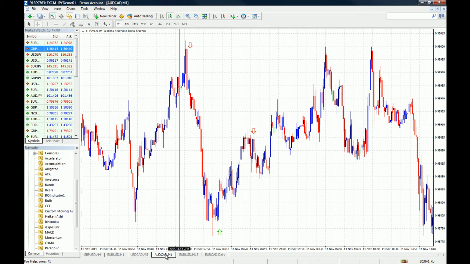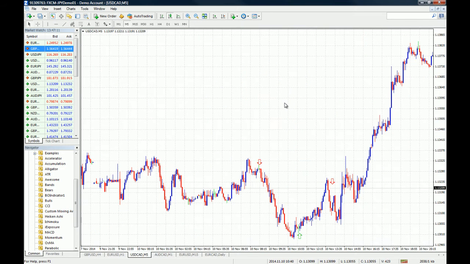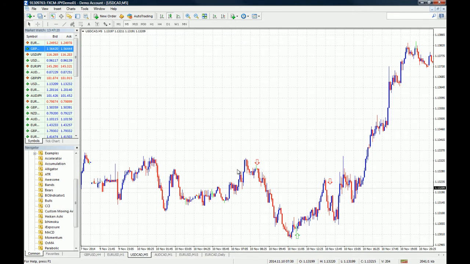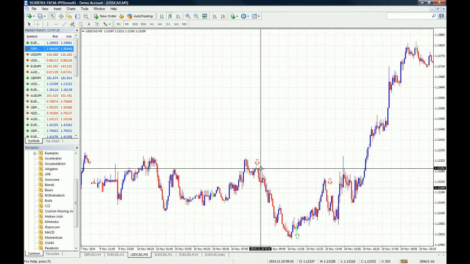Let's go to the 5 minute US dollar Canadian dollar chart, and as you can see here, we have 3 signals. The first signal comes when this flag formation breaks, and our entry level should be around 113.29.